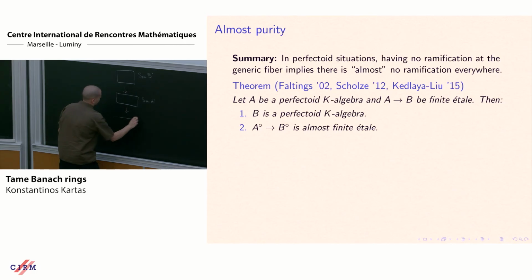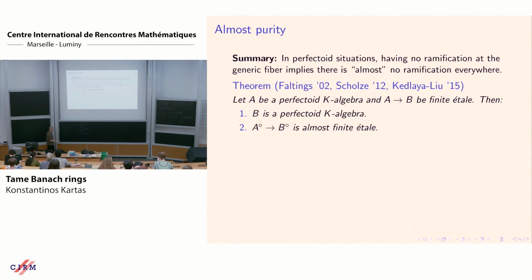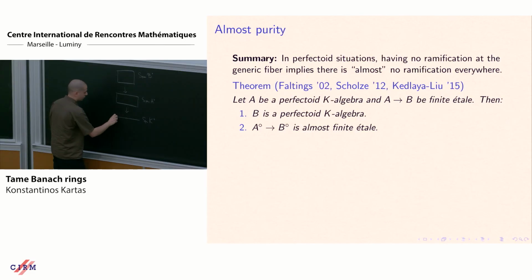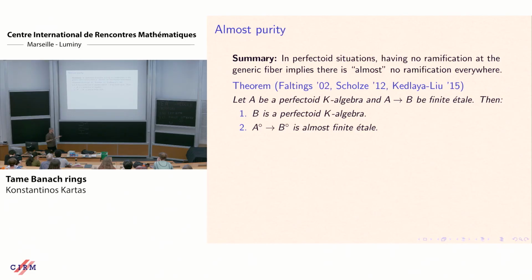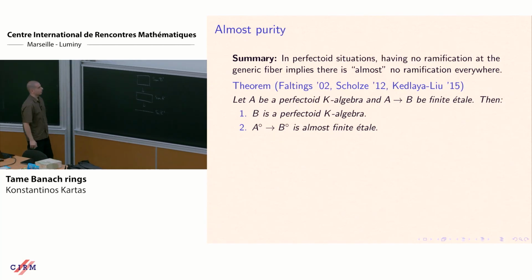And the entire picture happens over the valuation ring of K, which can be thought of as a line. Actually, this picture is of course just a useful fiction. These objects are highly non-Noetherian, so you cannot even make sense of dimension and stuff like that. But let's pretend they are actually Noetherian.